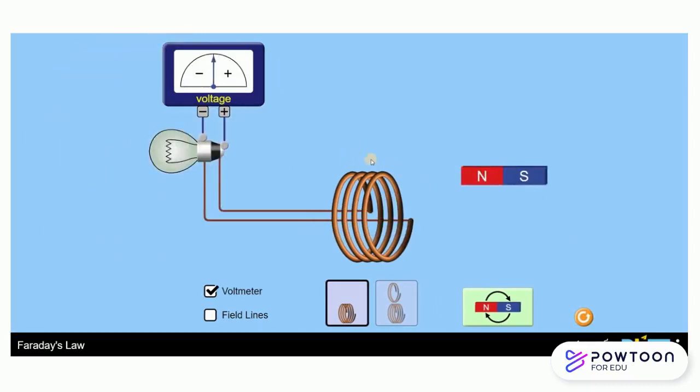So that means the rate of change of flux is going to influence the voltage, in turn determining the current. But if I just put the magnet right into the copper coil, where I don't move it, I don't get a change of flux, and when I don't get a change of flux, I don't induce a voltage, and I also don't have a current.